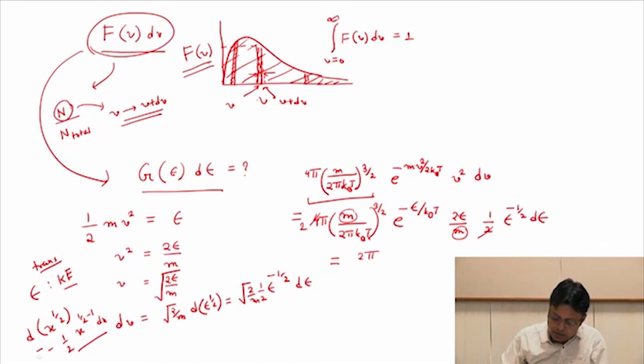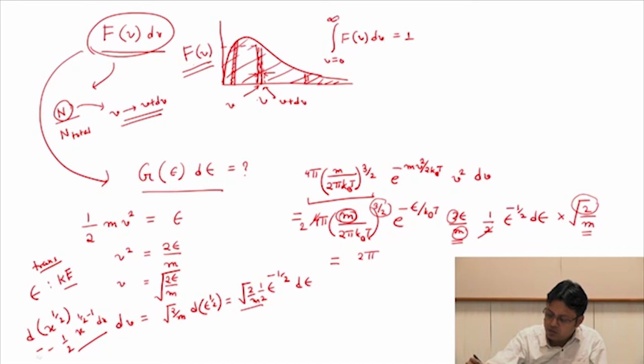We forgot to write this factor here, square root of 2 by m, so it will also be multiplied by square root of 2 by m. And then you can see here this m and m to the power half is m to the power 3 by 2, and that will cancel with this m to the power 3 by 2. So what will be left is there is a square root of 2 here, and there is a 2 here.